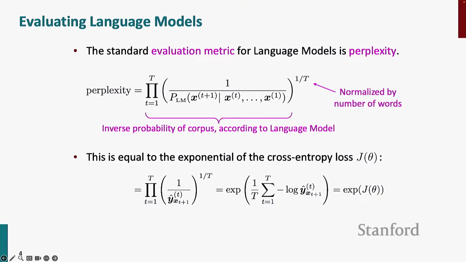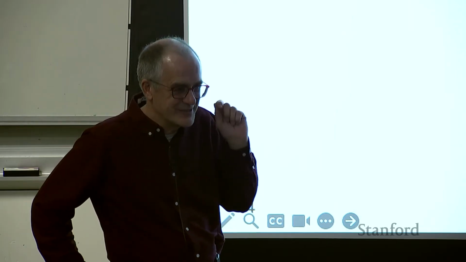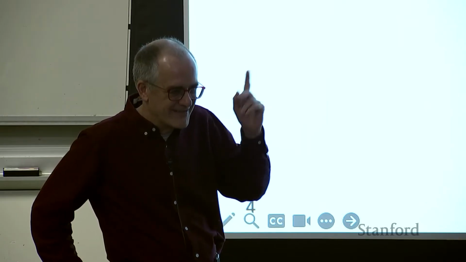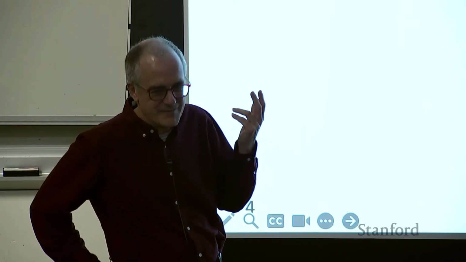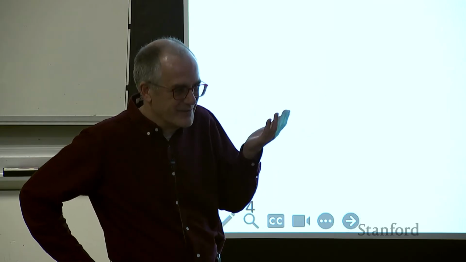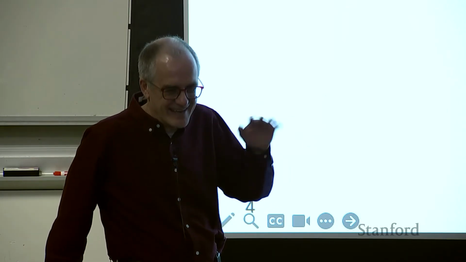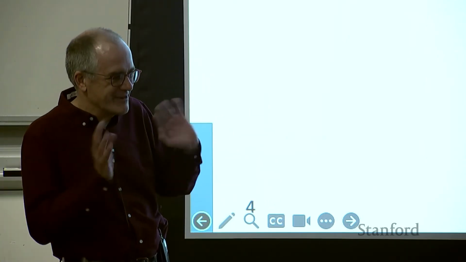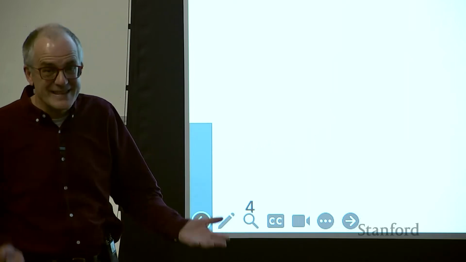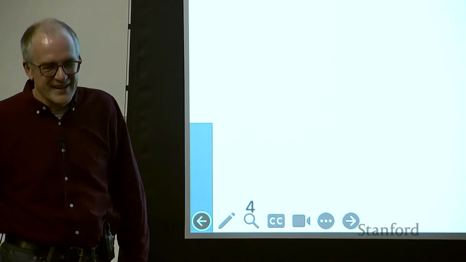Now there's one other little trick as to what base you use for your logarithms and exponentials. Traditionally, thinking of binary and such, a lot of the time people used base 2 for measuring perplexity. That's kind of gone out now. A lot of the time now people are using natural logs, but if you're comparing perplexity numbers, they're going to be different depending on what base you're using, so you need to be aware of this.